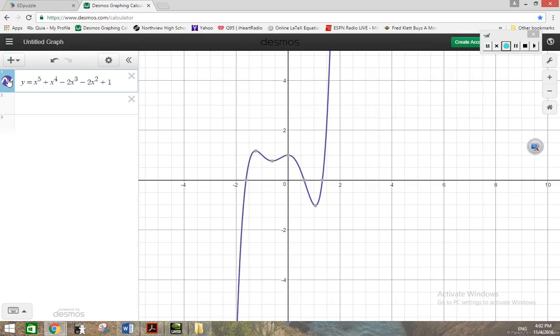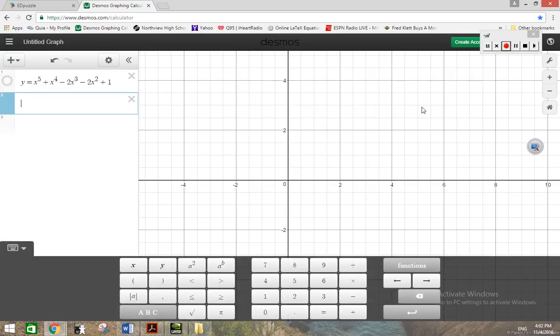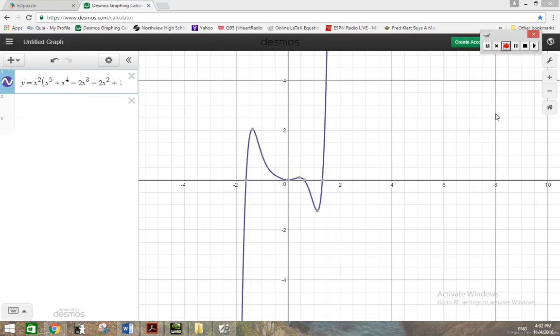Let's come in and look at the original. I'll pause the video and key in the original function and see if it does a touch and turn at 0 like we expected. Well, rather than taking the time to type the whole thing in again, you can look over here and see what I did. I knew what it was in factored form. It was a lot faster for me to just type x squared. So this was the original f of x.